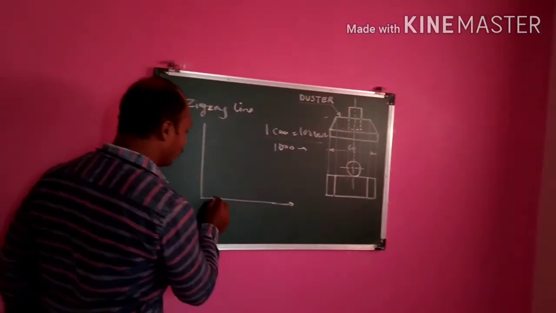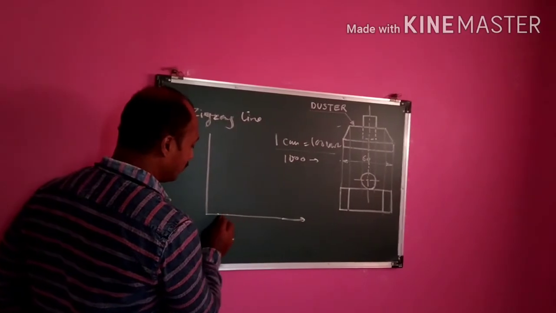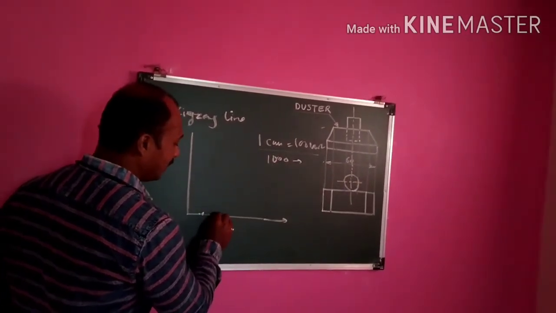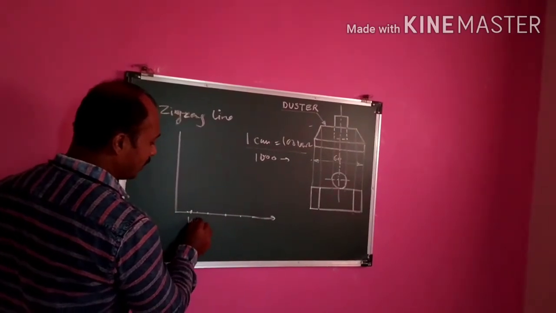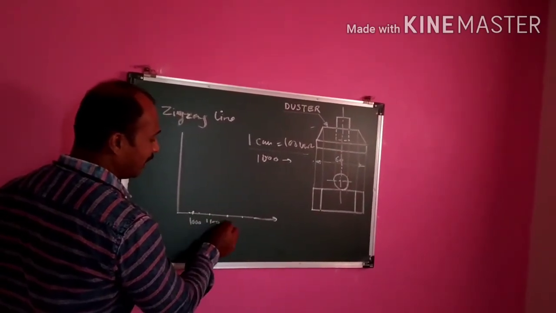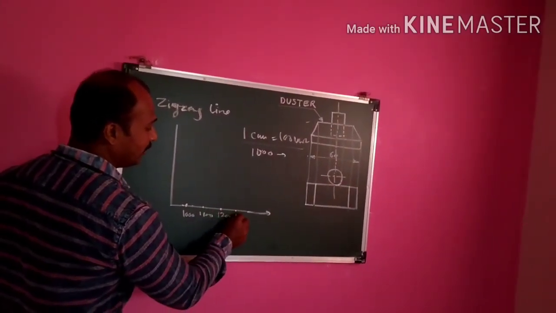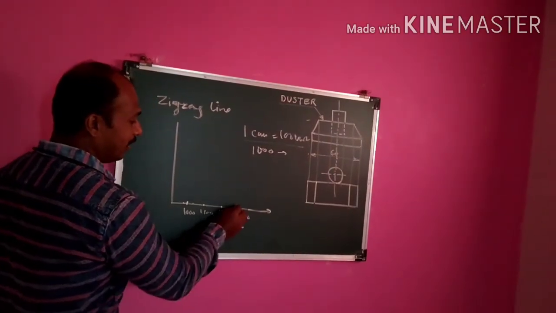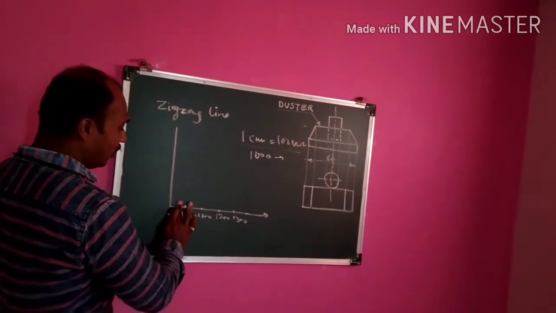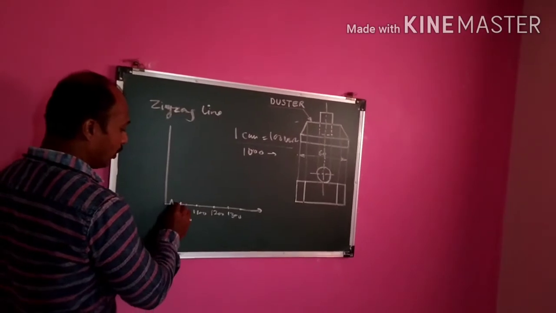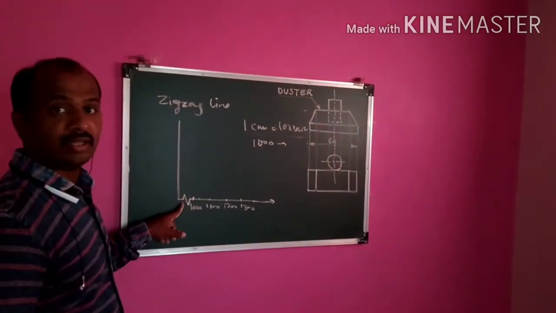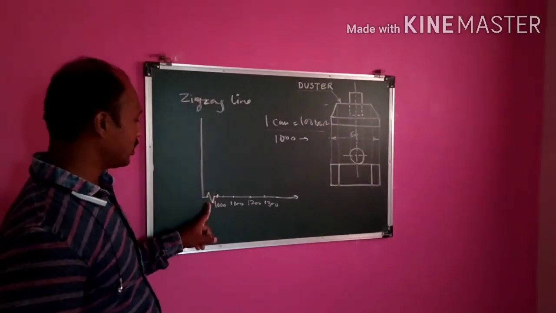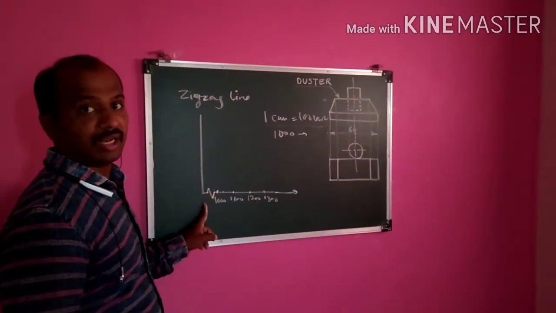So to avoid this, what we do is, at the first centimeter, second, third, fourth like this, directly I can put here 1000, then 1100, 1200, 1300 like this at every centimeter. But in the beginning only, we put this symbol on the graph, and this symbol is nothing but the long break line symbol.